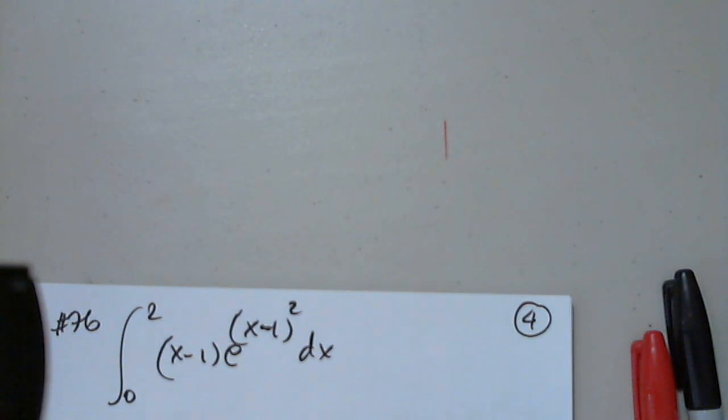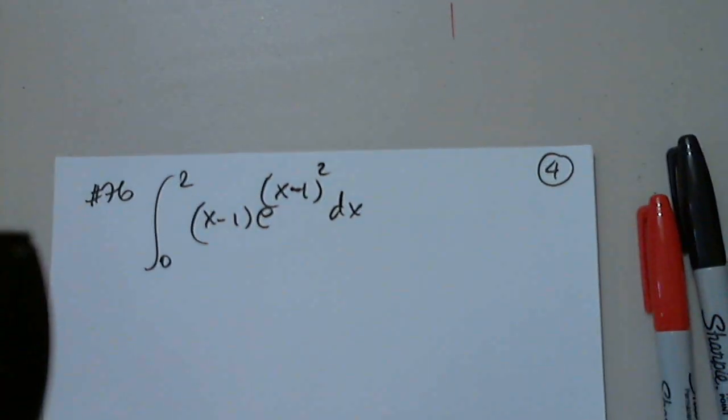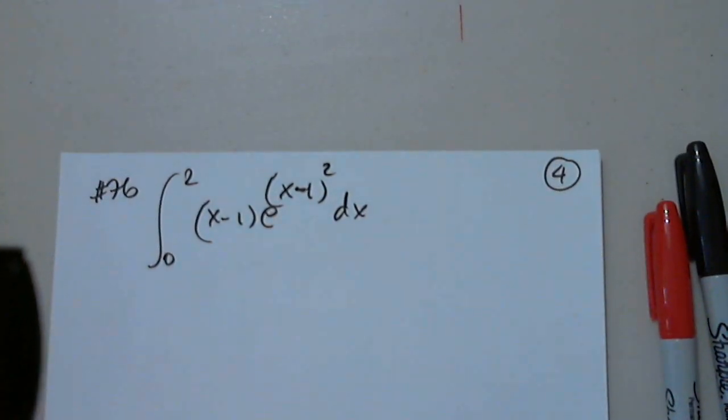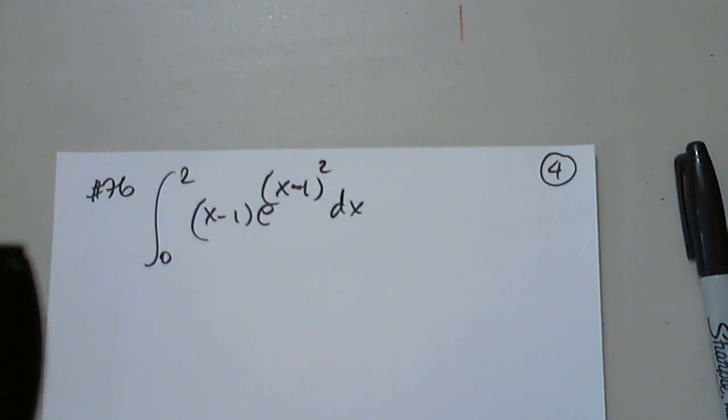Okay, I have to change the position here a little bit because the other camera is a little bit off. So what do you think is the problem here? By problem, I'm saying, okay, let's use a substitution for it. We had a similar situation.